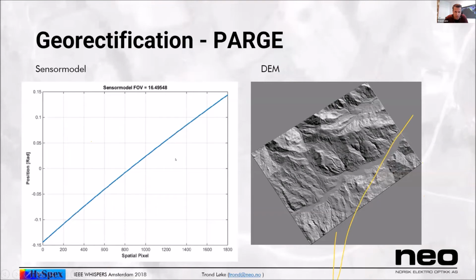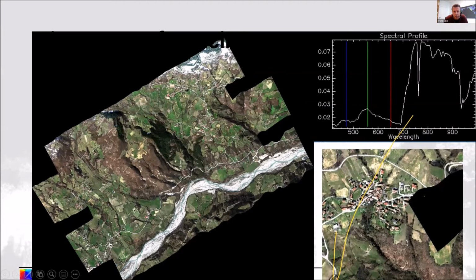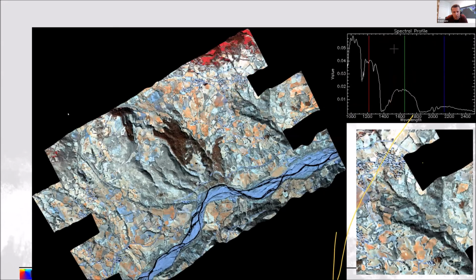And then this is the elevation model used here from a LiDAR. I think it's Leica, or was it a Riegl? And then you can georeference it and mosaic it to one area, right? And you have the SWIR data.